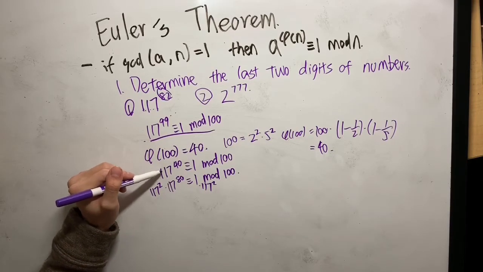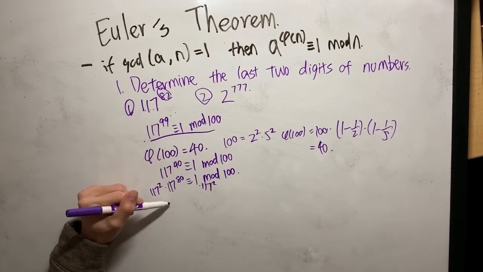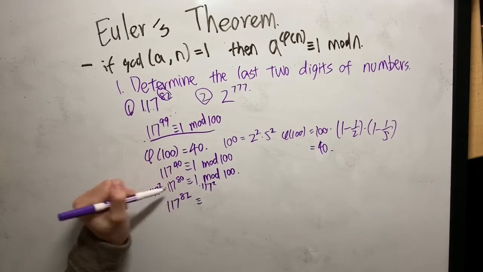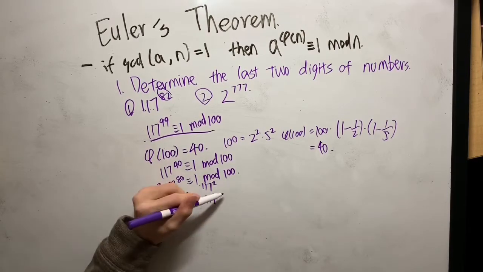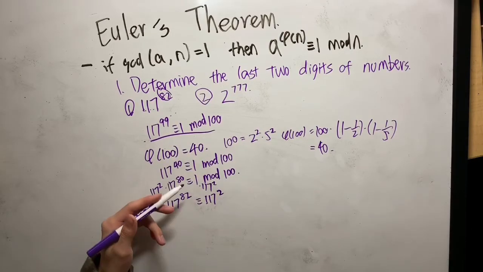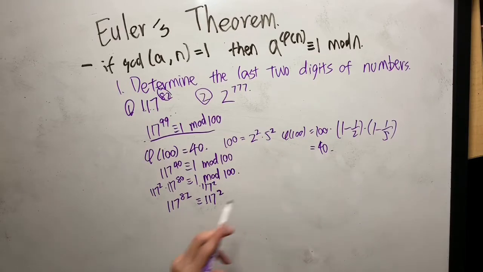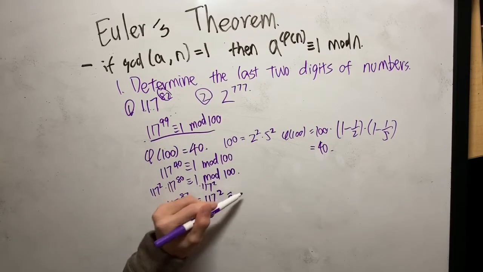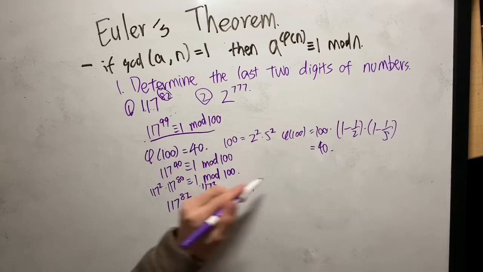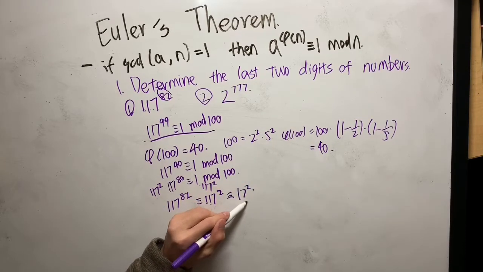Then we find that 117 to the power of 82 is congruent to 117 to the power of 2. We are finding the last two digits, so we can actually use 17 squared, because the last two digits are only related to 17.